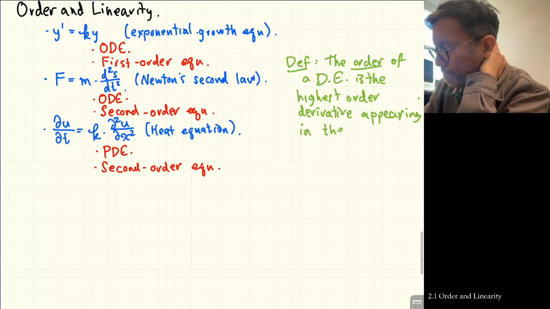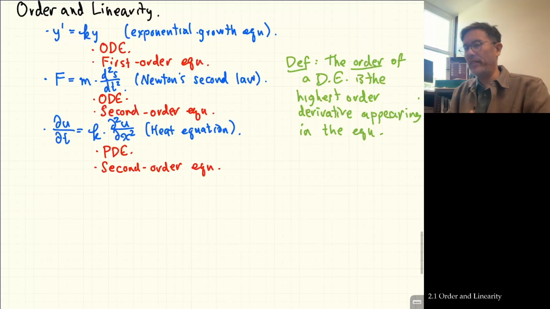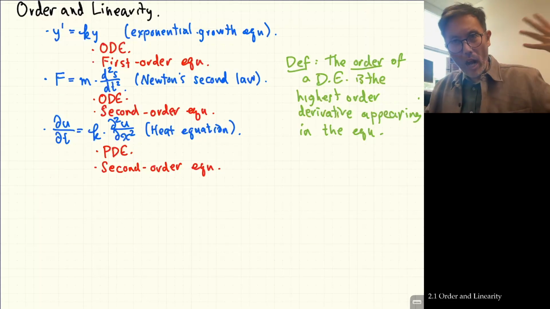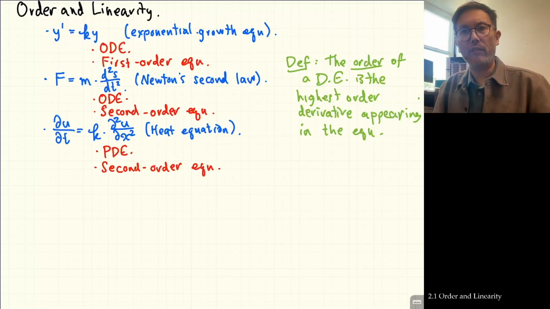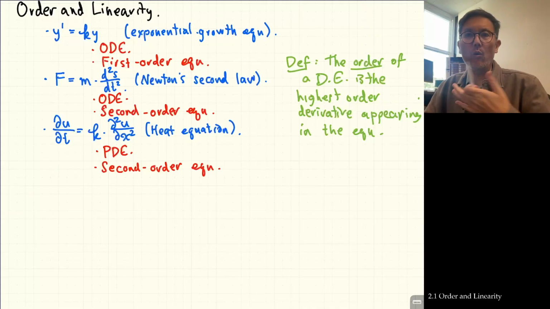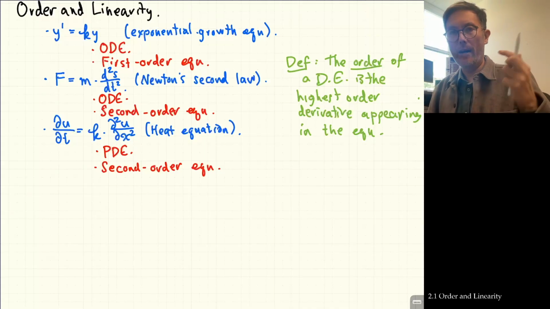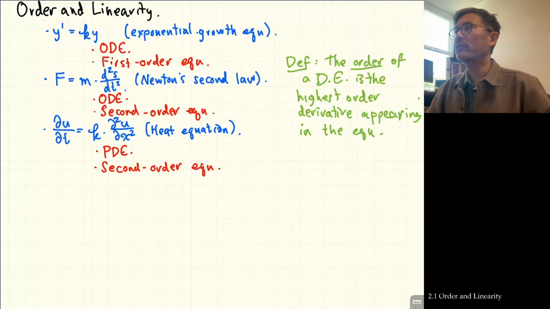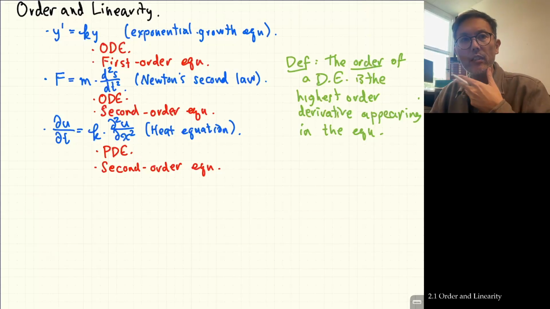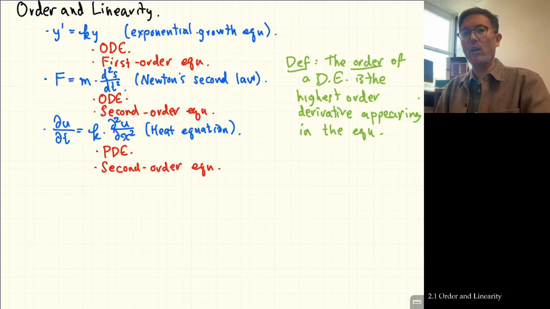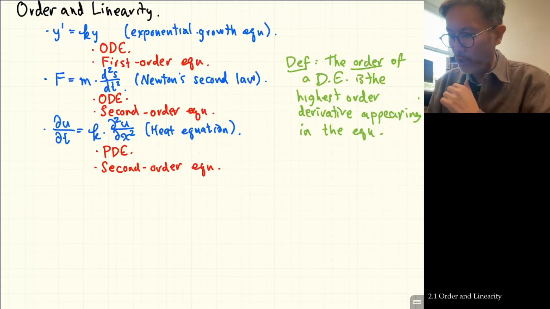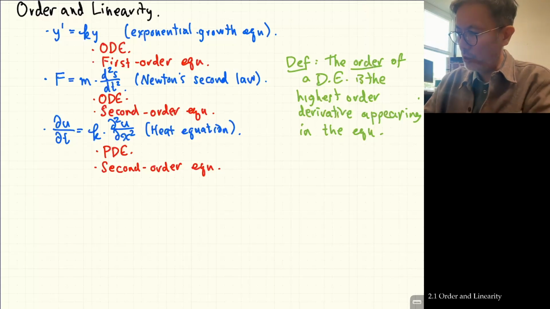Okay, so this should be a relatively common sense definition for what we mean by the order. And this is a way of classifying, of course, differential equations. We're also going to learn about what are called linear equations. So this is the notion of order.